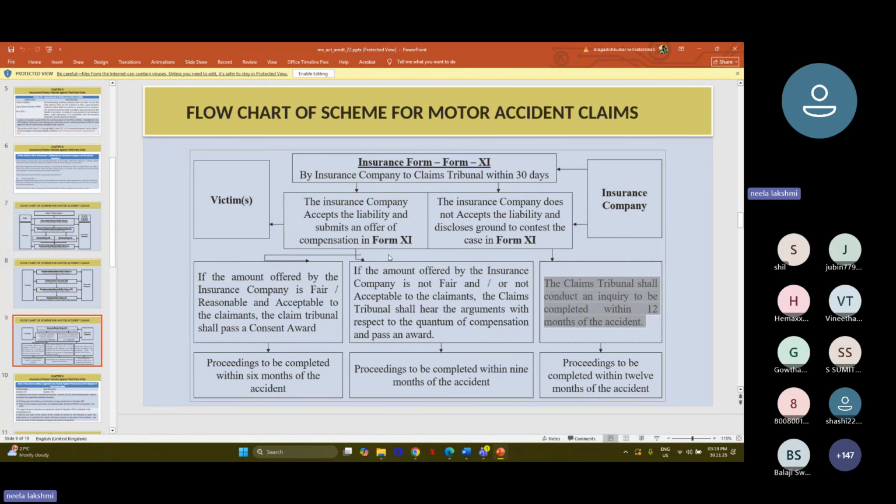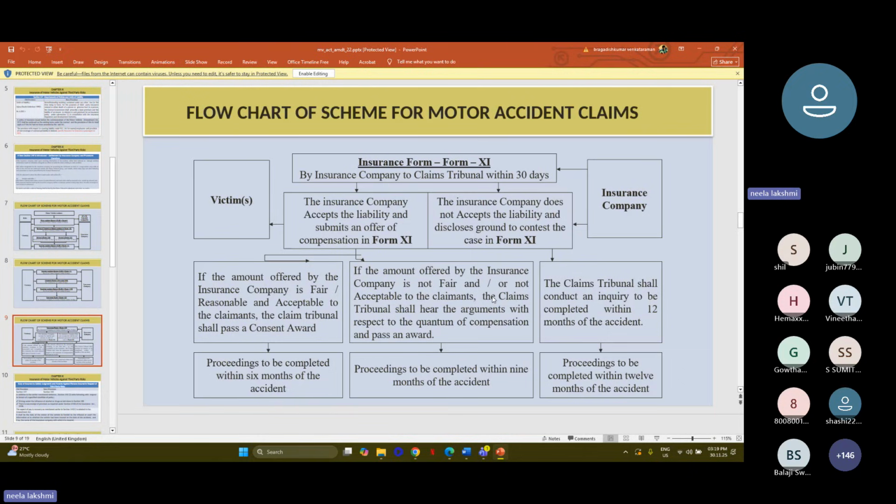That designated officer would fill the Form 11. And in all these three situations, whether the company accepts or rejects its liability, whether the quantum is agreeable for the claimant or not, the Form 11 has to be filled by the designated officer and submitted to the claims tribunal.